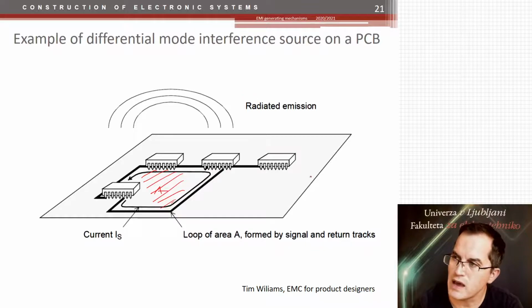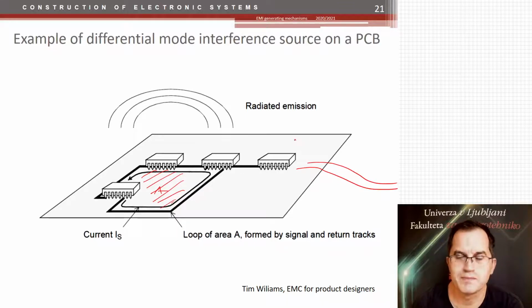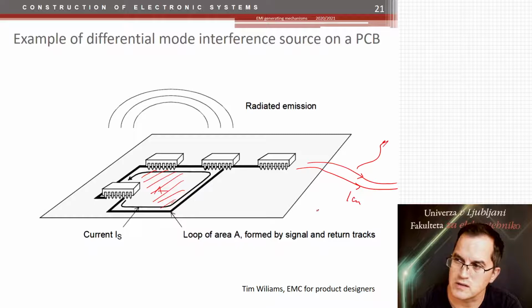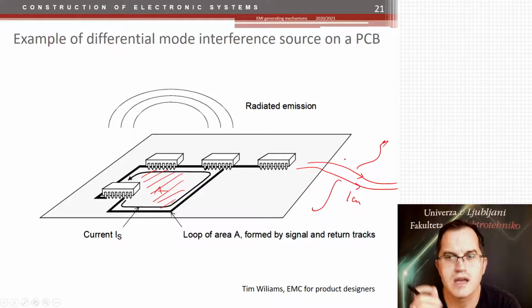But what if we have a cable here that runs away from this PCB, and this cable has some common mode noise, a common mode signal? Then it would radiate common mode noise. And the question now is how this common mode noise is generated.